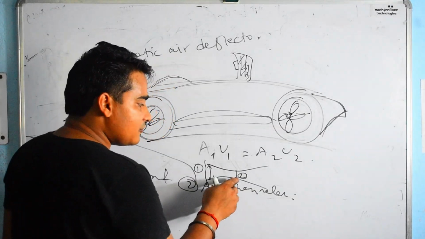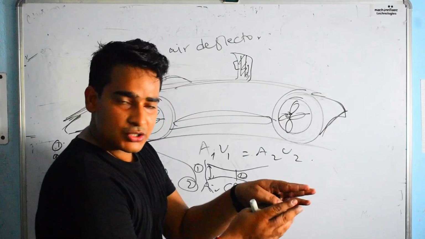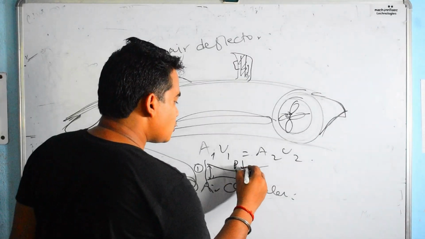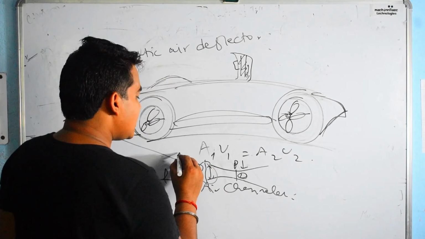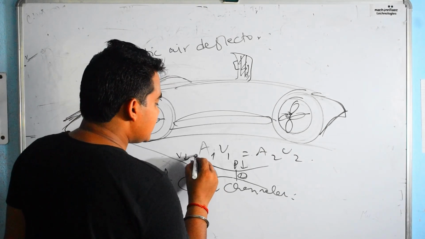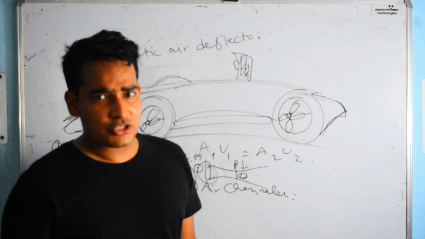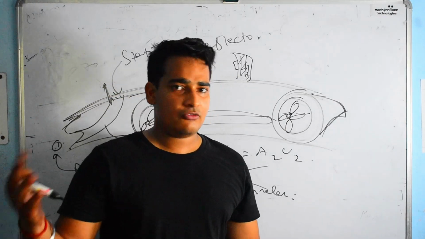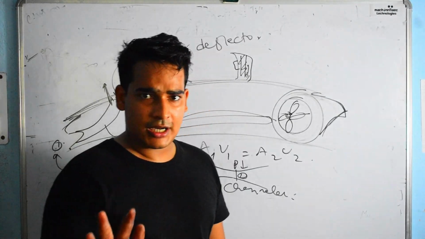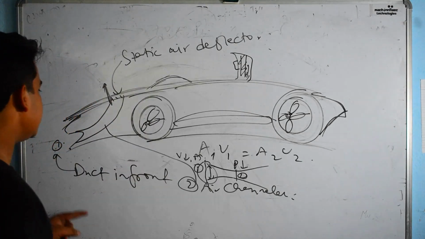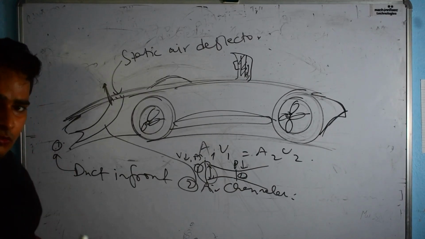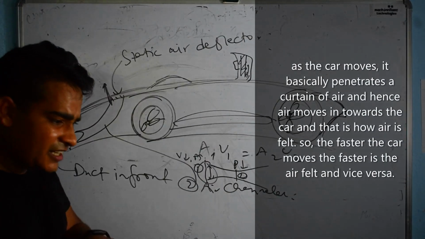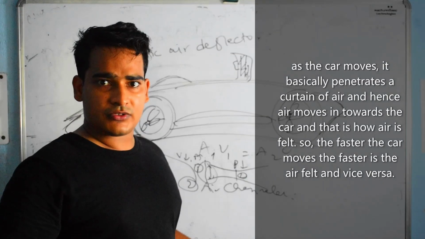At the smaller area we have higher air velocity and hence a greater pressure drop, and the larger area has lesser velocity and hence higher pressure. This is what the Venturi effect is, and this is what Bernoulli's theorem also says.